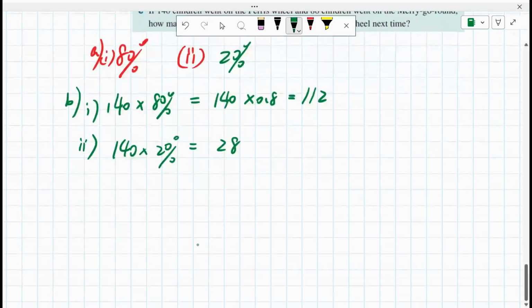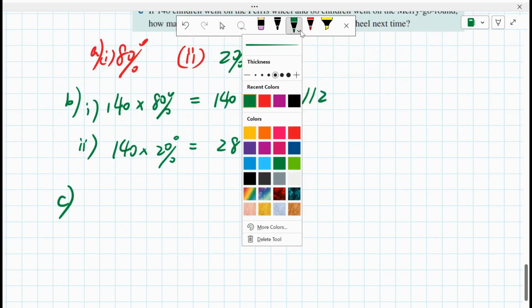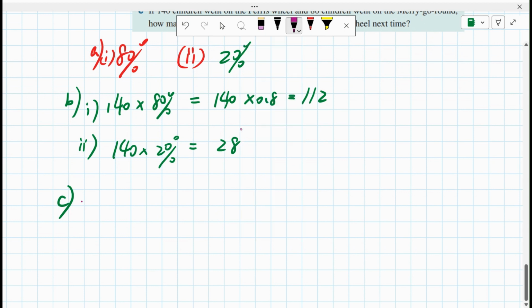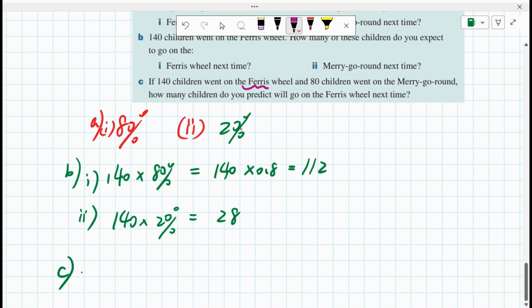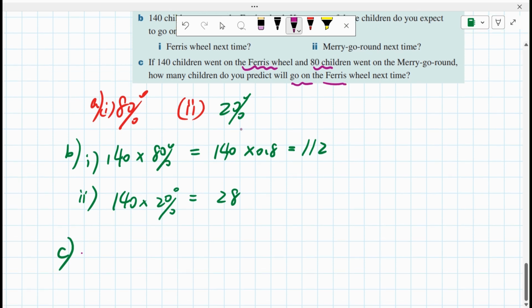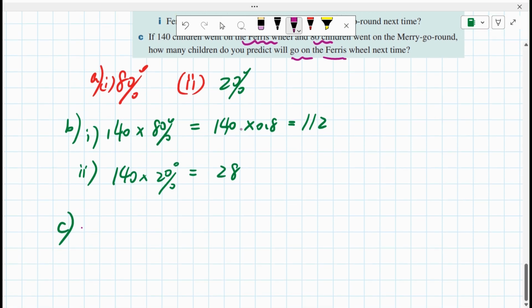All right, and question C. This time, if 140 children went on the Ferris wheel and 80 children went on the merry-go-round, how many children will go on the Ferris wheel next time? First things first, let's start with 140 multiplied by 80% again. So this is 112 going on the Ferris wheel next time.